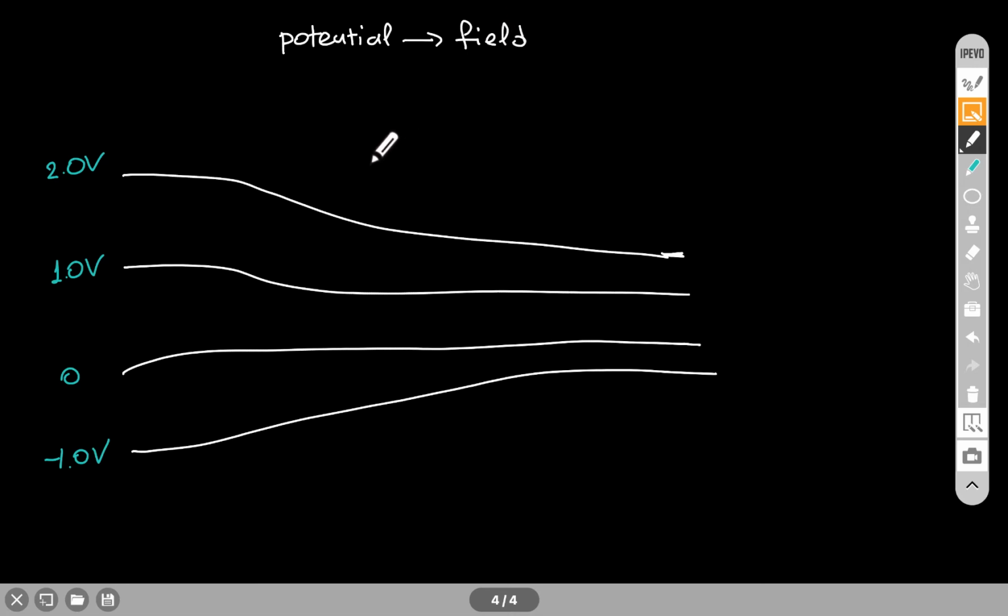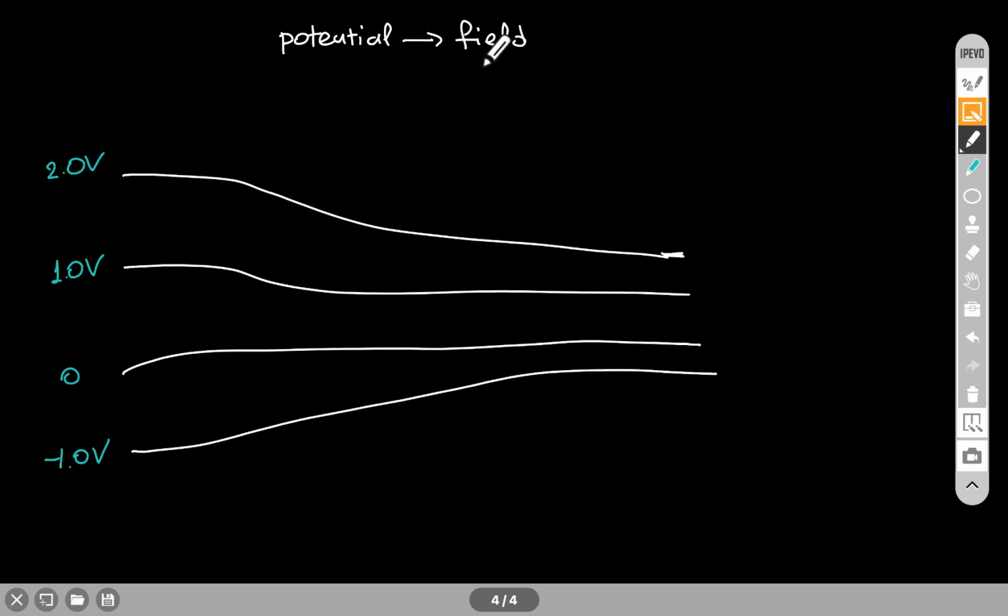It is helpful to have the equipotential lines or surfaces, and from those to think about the electric field.